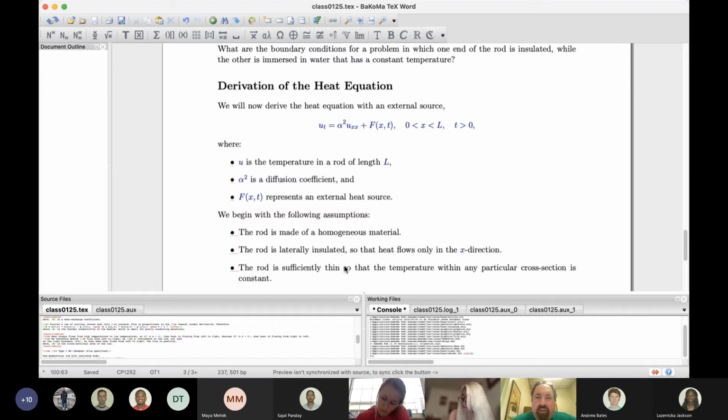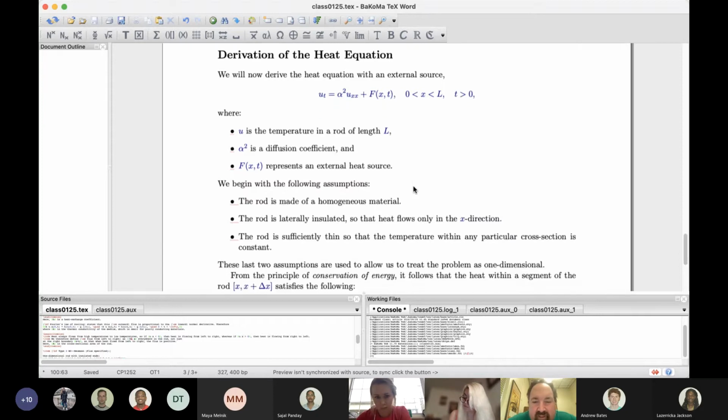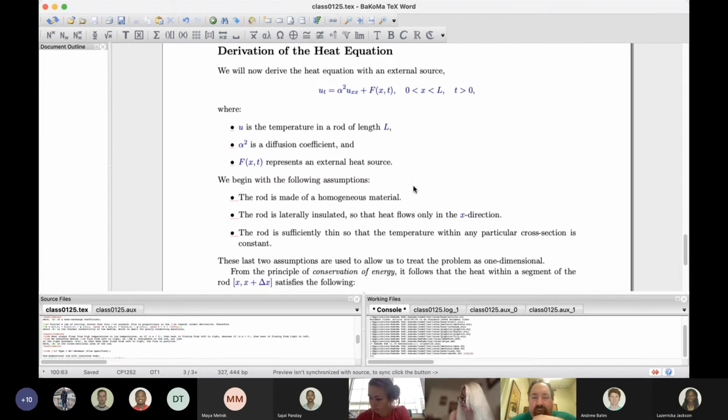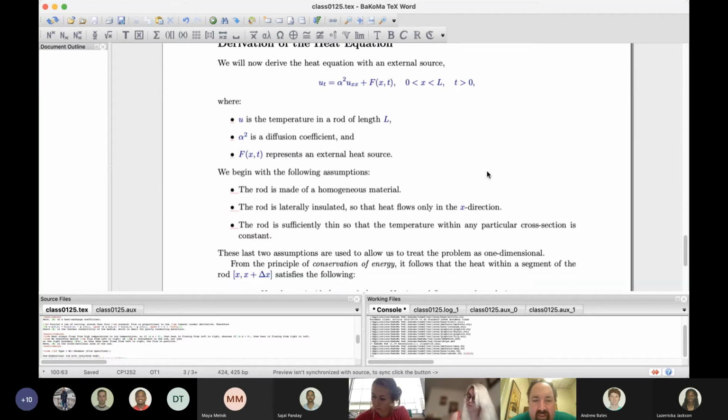Now, if those assumptions are not true, yes, some kind of a PDE will still be derived. It'll be a more general form of this, but I'm just making these assumptions just to not have a derivation too cluttered with complications. But basically, we want to be able to treat this as a one-dimensional problem. So we only have to think about du dx with respect to x as opposed to other variables.